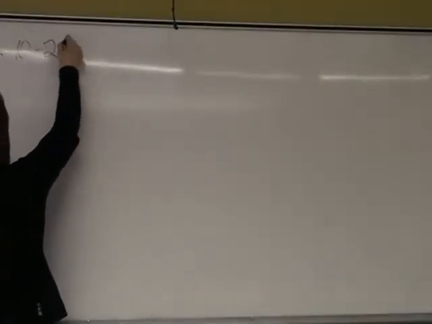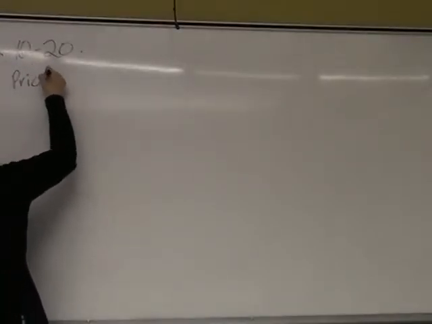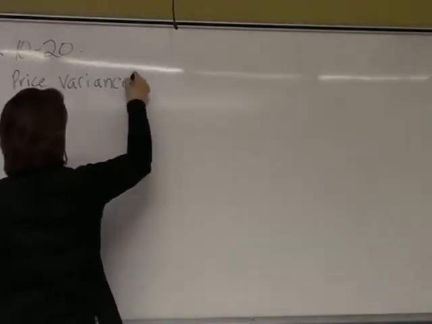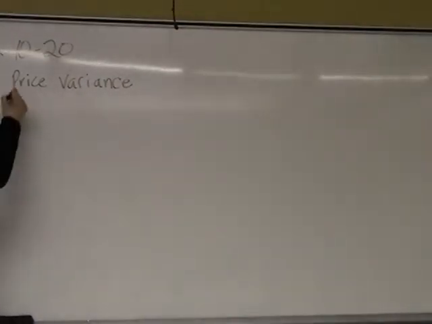So, compute the direct materials price and quantity variances for the year. The first one is the direct material price variance. We are interested in isolating the price.